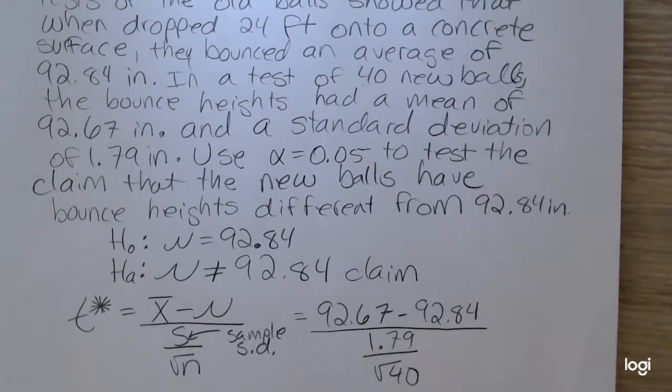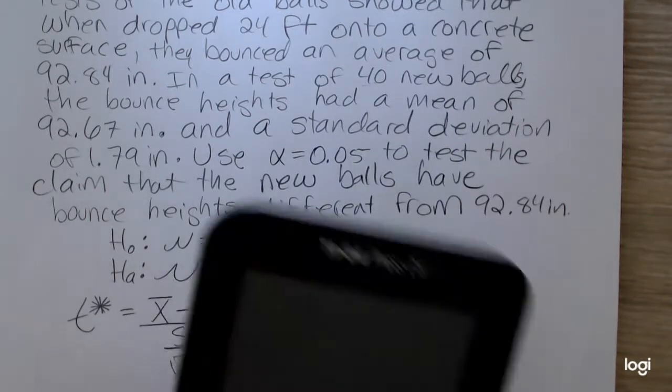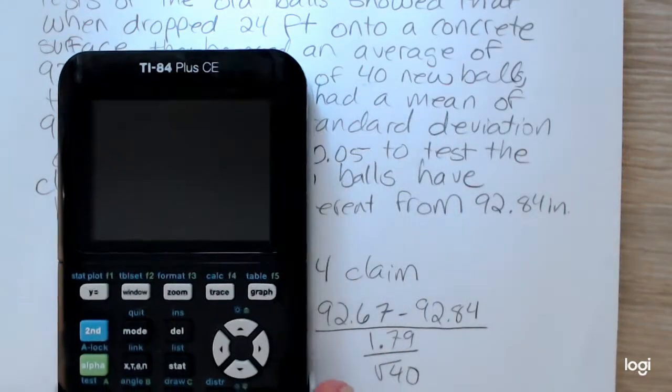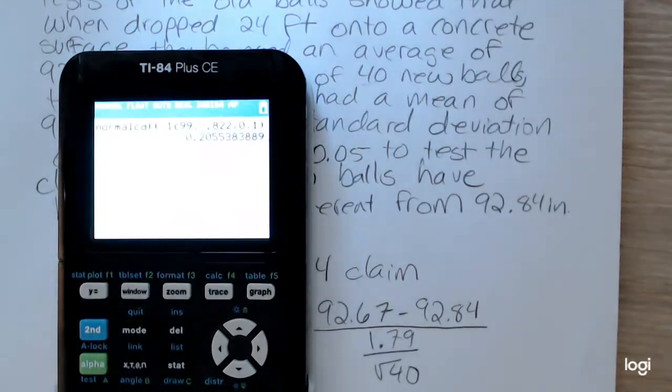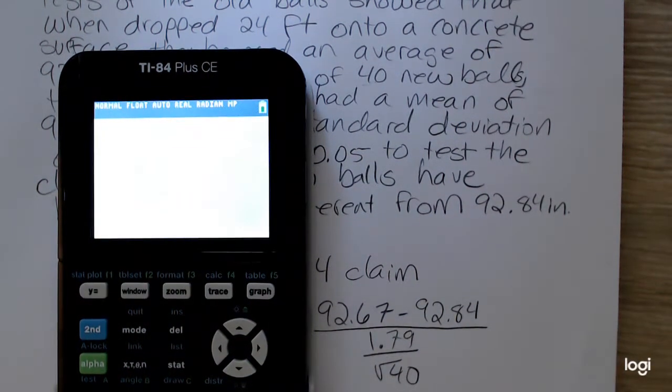So getting my calculator out, turning it on, which is always helpful. I'm going to put parentheses around my entire numerator expression and my entire denominator expression, just to make sure I get the correct value from the calculator.